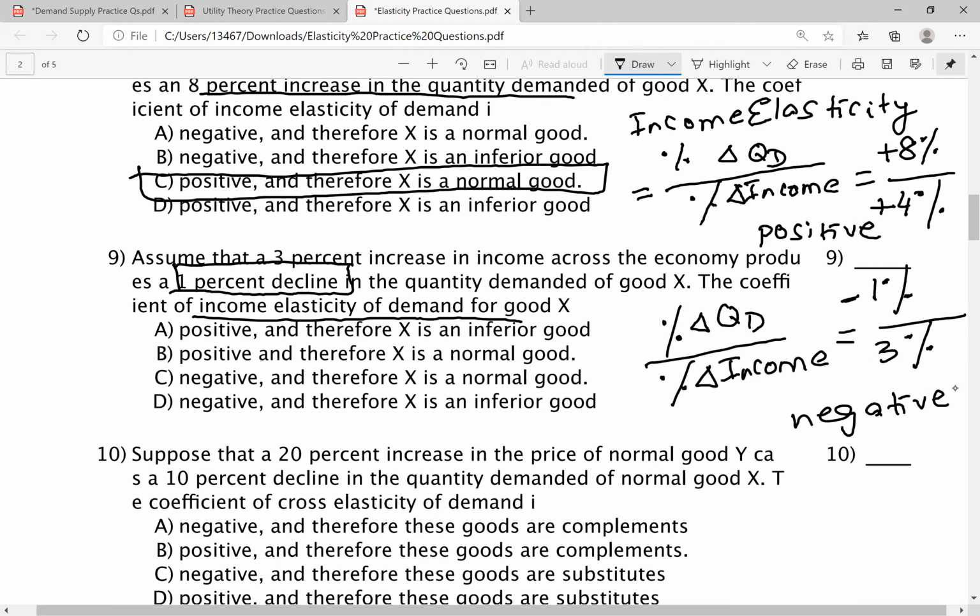So my answer will be inferior good. If my result is negative here, that means when income increases, a person wants to buy less of that good because the good is an inferior good. In the recorded lecture, I was comparing Domino's pizza, that's a normal good, versus frozen pizza, that's an inferior good. Okay.